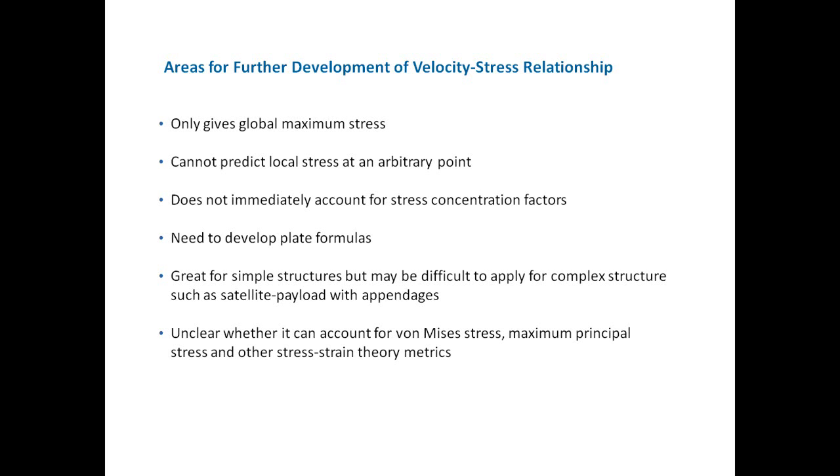It's great for simple structures like longitudinal rods and beam bending, but it may be difficult to apply for complex structures such as a satellite payload with appendages and where there are multiple materials. We need to give some further thought, when we get to plates and shells and complex structures, about von Mises stress versus maximum principal stress and other stress-strain metrics.